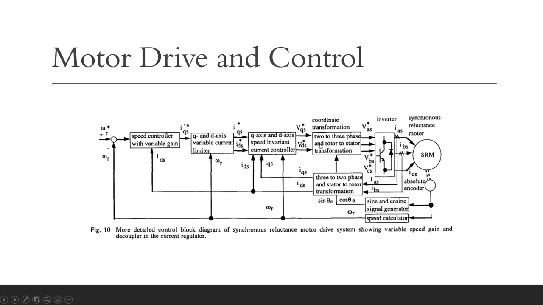The third one is the Park and Clarke transformation from Id/Iq, the current controller, which transforms the measured current from the speed encoder through Park and Clarke transformation. We have the current reference for the inverter, and in the outer loop, the speed controller, we will deploy the PI controller.